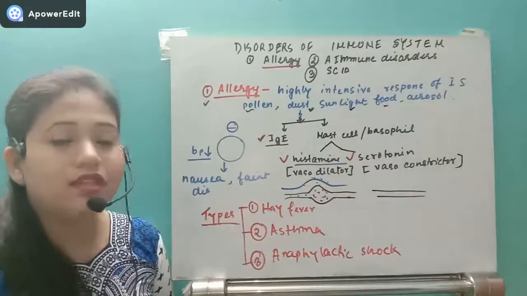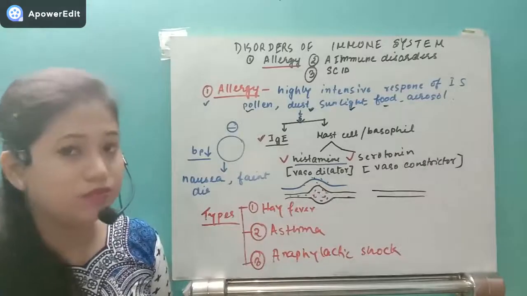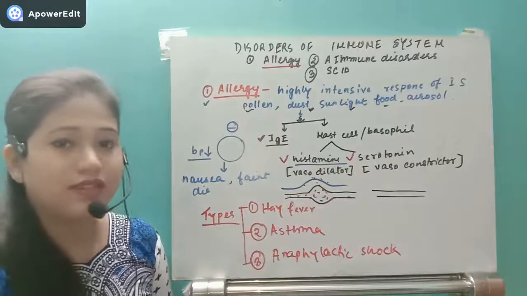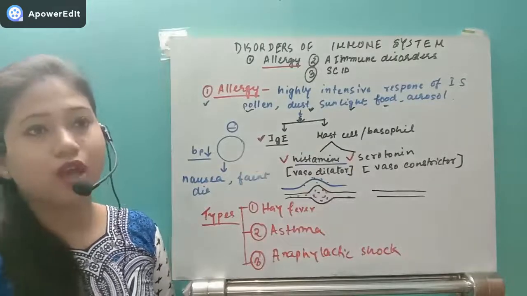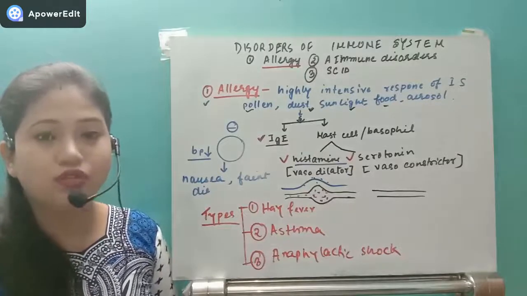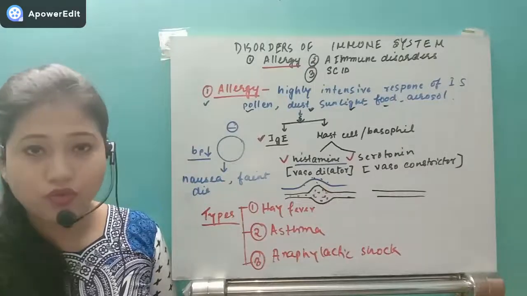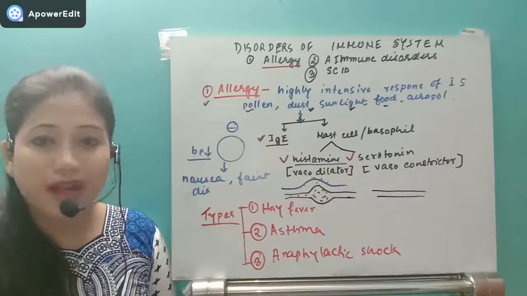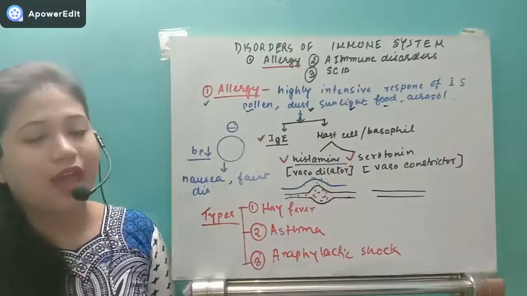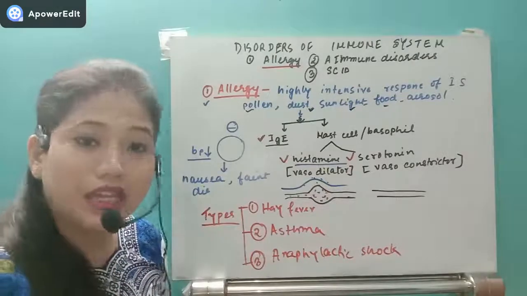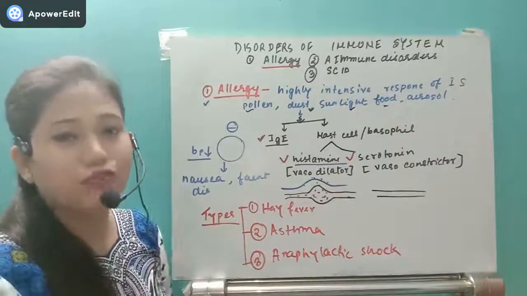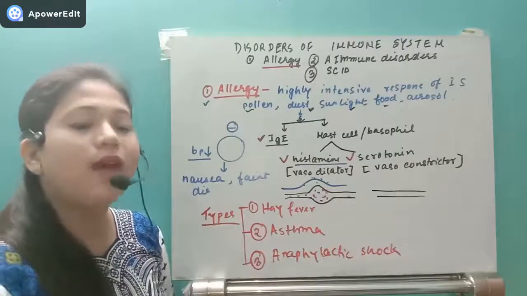Now the next disease that can sometimes be dangerous, but this is also common, what is that? That is asthma. Okay, so what is asthma? Suppose an individual is allergic to some aerosol or some dry particles, and he or she has inhaled them. So whenever he inhales those types of dry components or aerosol, then what happens?